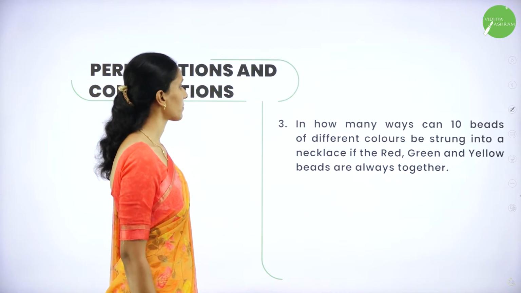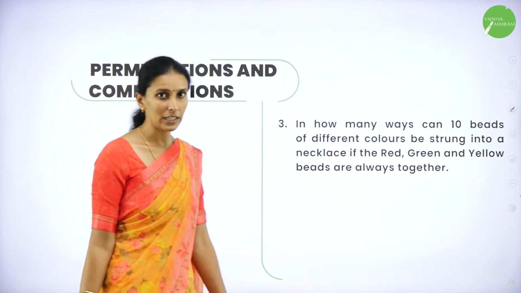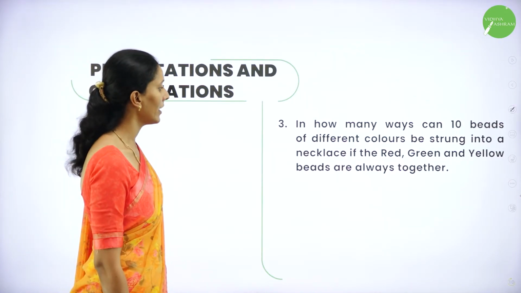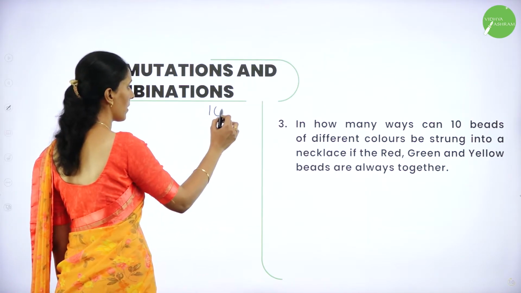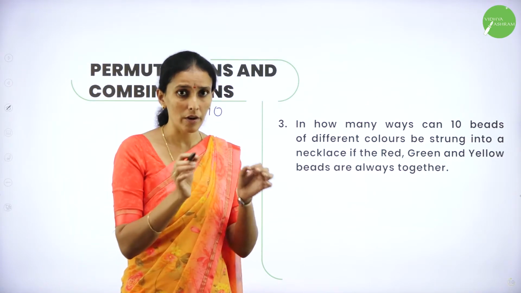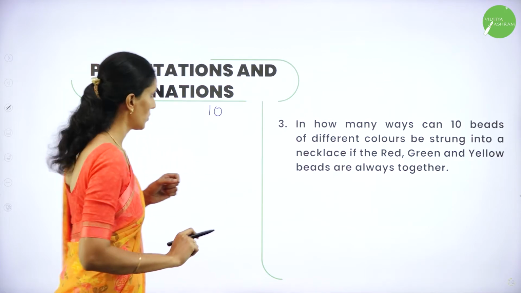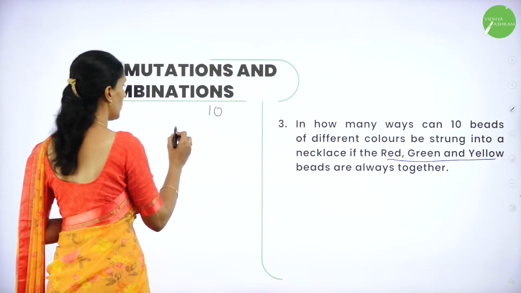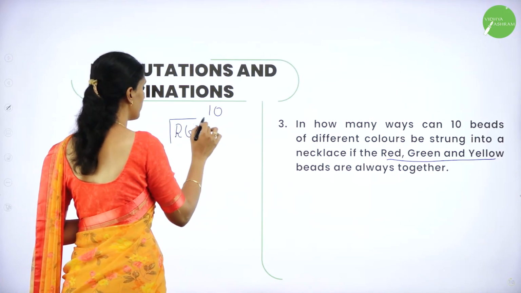Next question. In how many ways can 10 beads of different colors be strung into a necklace such that the red, green, yellow beads are always together? So we have 10 beads. Remember the concept: when any persons or letters have to be together, tie them as one unit. So red, green, yellow beads are together.